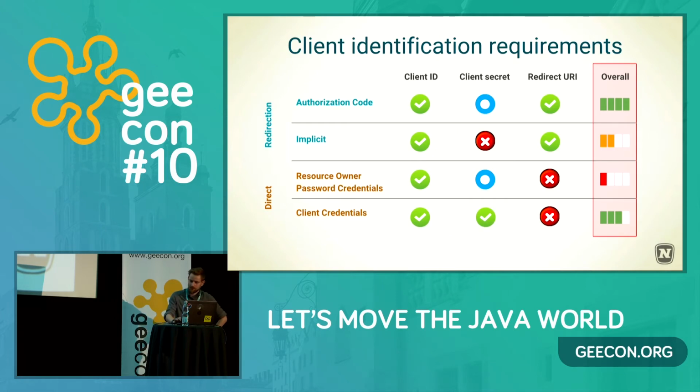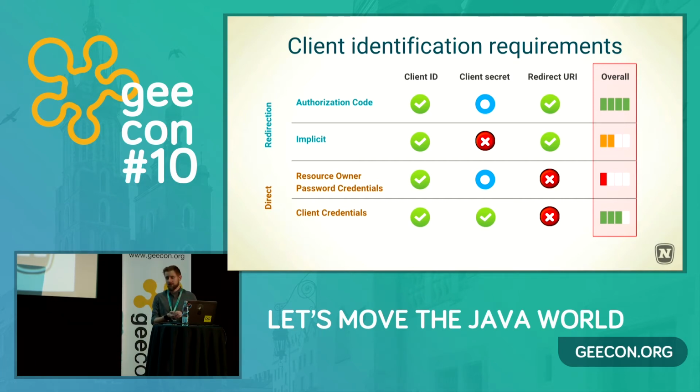Okay, so as far as client identification is concerned, for our four different grant types, we've also got different requirements. And probably our implicit flow and resource-owner password credentials flow, those presented in the first place, are not really meant to be used in production.